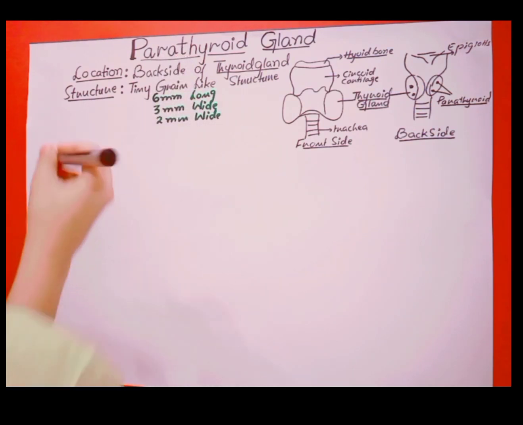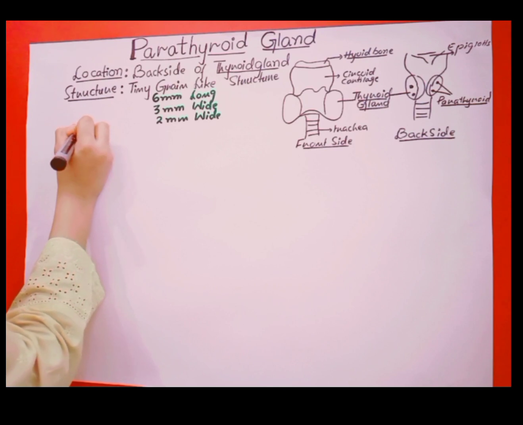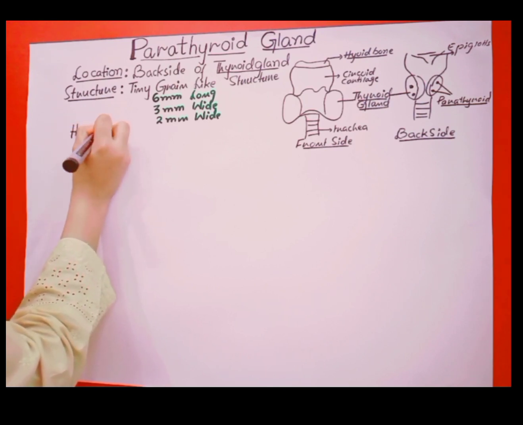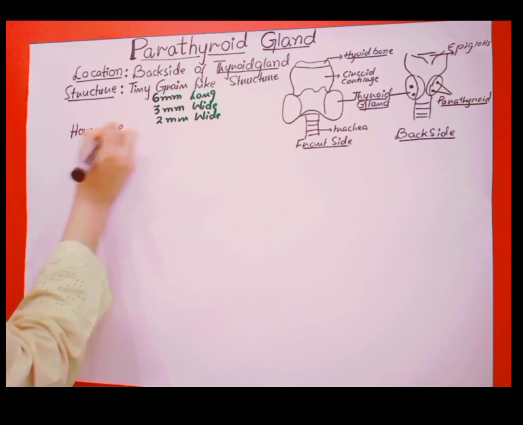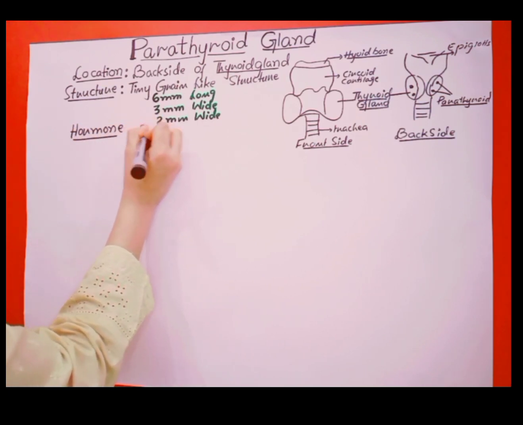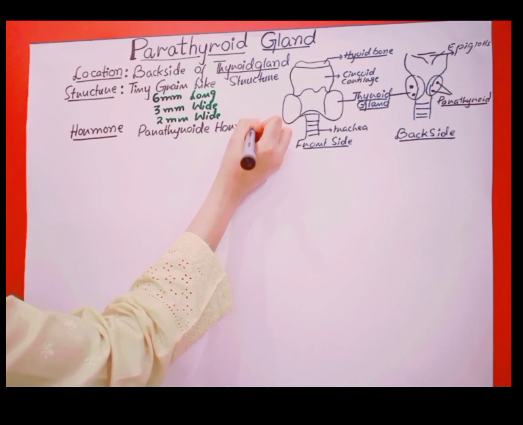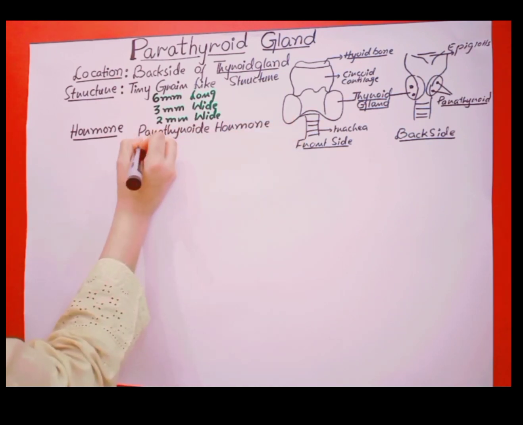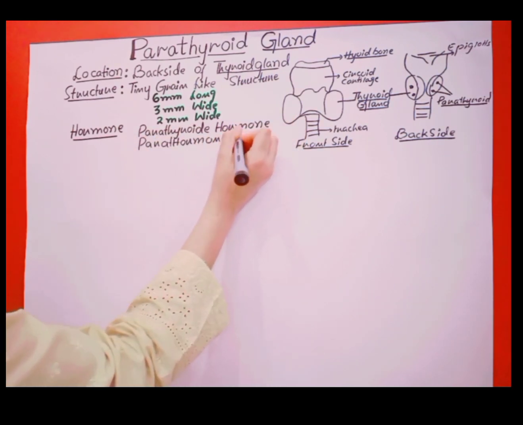parathyroid gland? So this parathyroid gland produces only one hormone, which is parathyroid hormone. This hormone is also called parathormone, PTH.